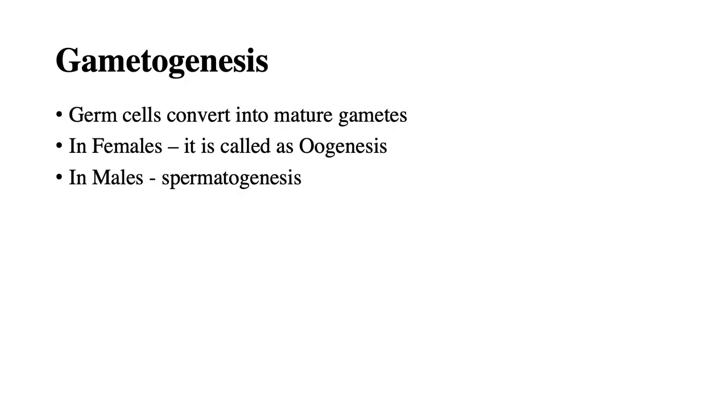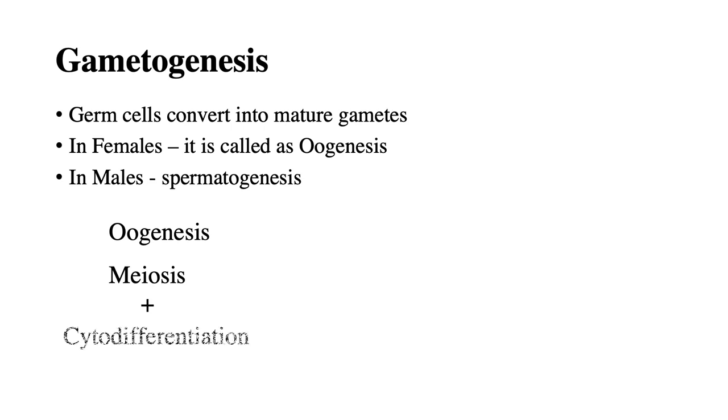Okay, in females, during gametogenesis, or you can say oogenesis, the germ cell passes through a process of meiosis, and then they undergo cytodifferentiation and then maturation, and eventually they produce the mature gamete, which is called the mature ovum.